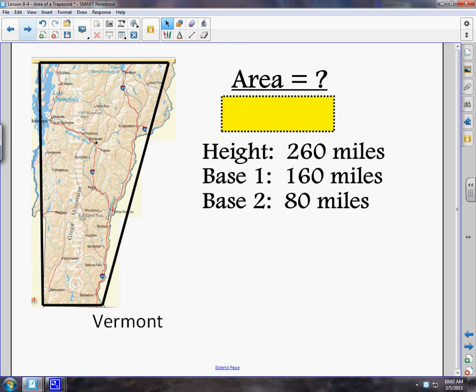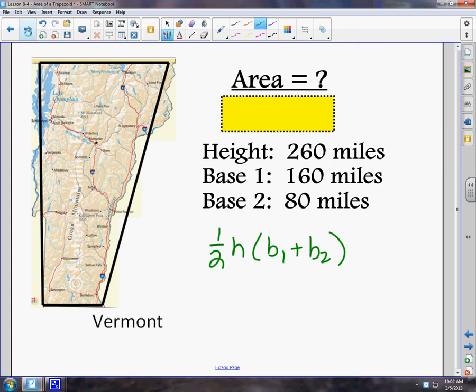All right, so this is kind of cool. A lot of states are in the shape of trapezoids. So here is Vermont. So try and find the area of Vermont. Okay, so you should have 1/2 the height times base 1 plus base 2.